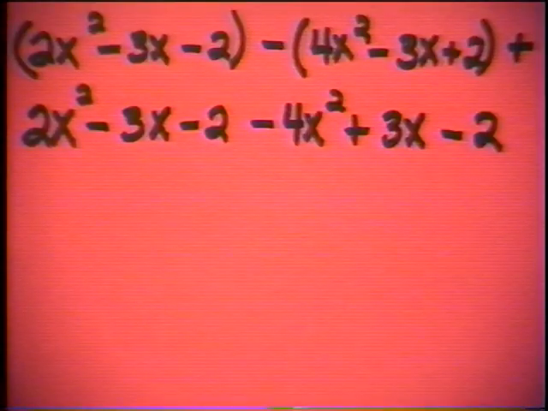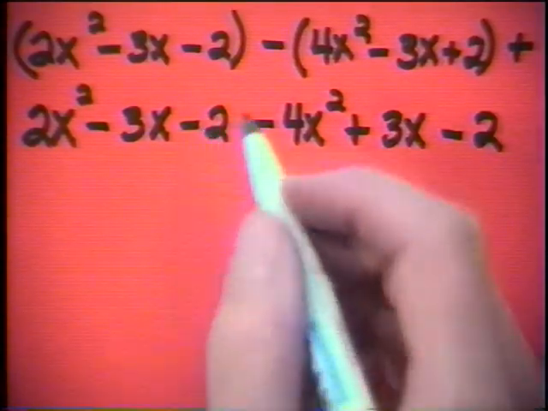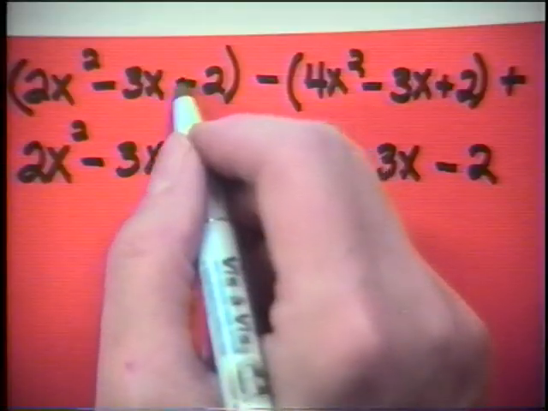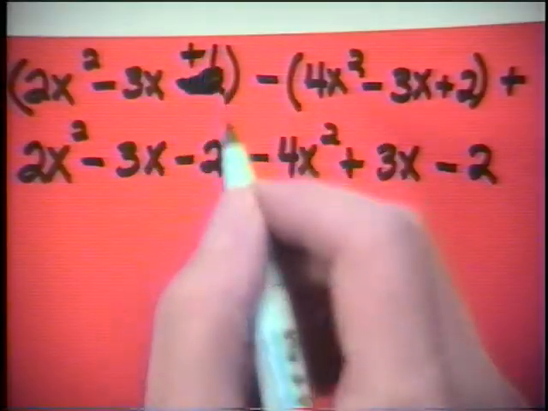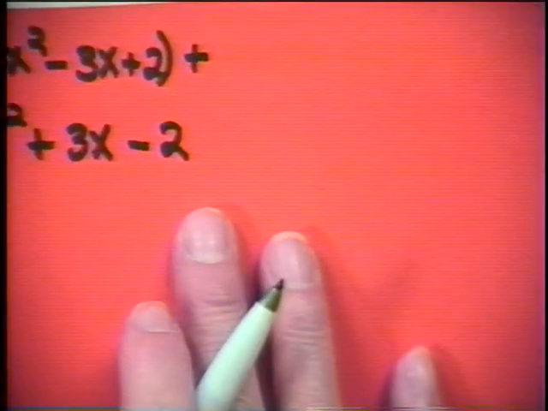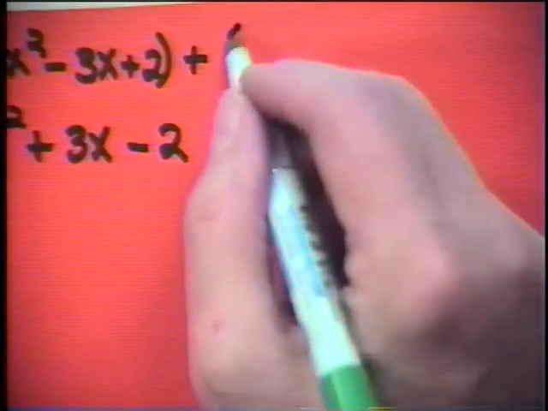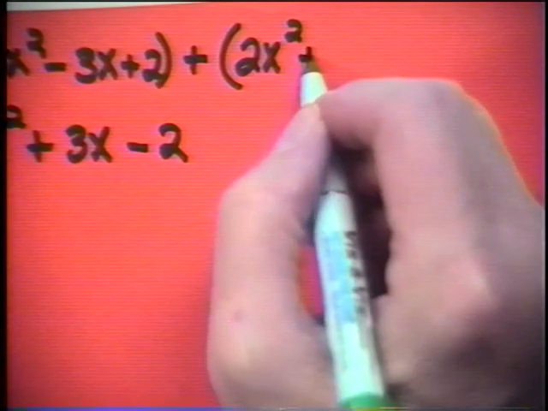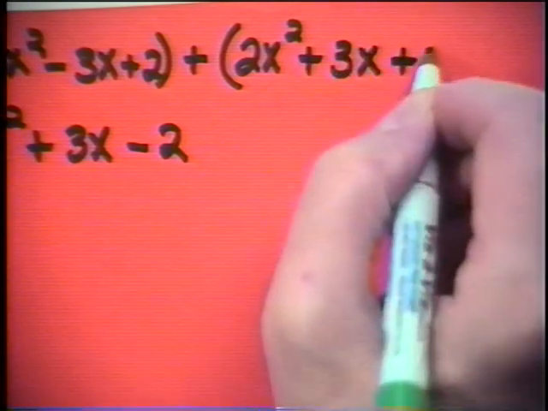Yes, you are right. Thank you. Sorry, my eyes went up, because the negative 3x is the same, I caught 39. This should be plus 1. Sorry about that. Now this last one says plus, and then in parentheses, 2x squared plus 3x plus 2.